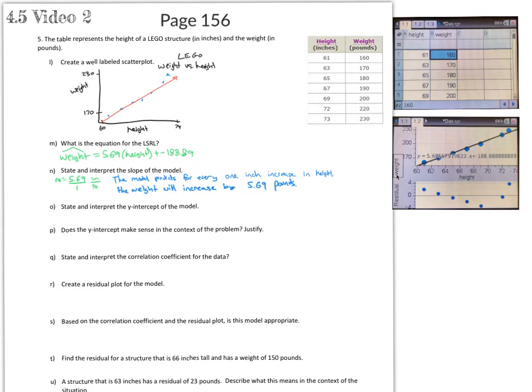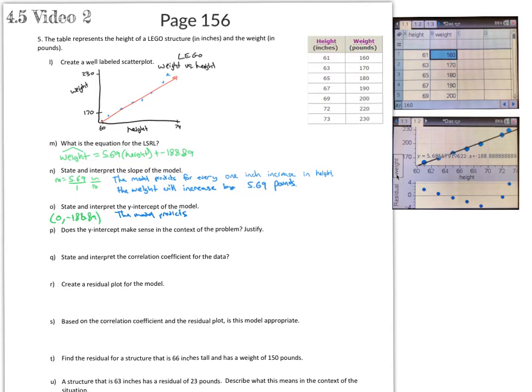So we can do the same kind of idea with the y-intercept. The y-intercept appears to be at negative 188.89. Okay, so the y-intercept I'll write as (0, negative 188.89). And we use a similar format. The model predicts, but this time we say when x is 0. Okay, x is height.